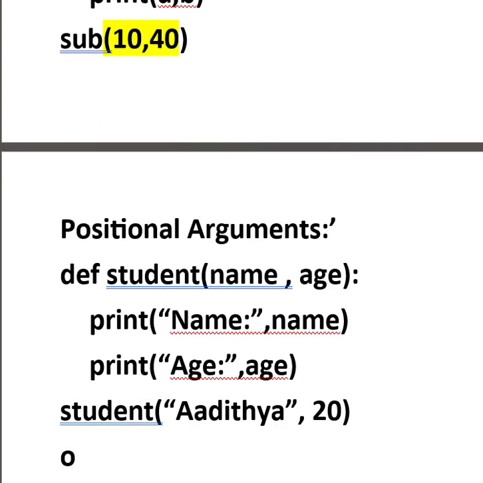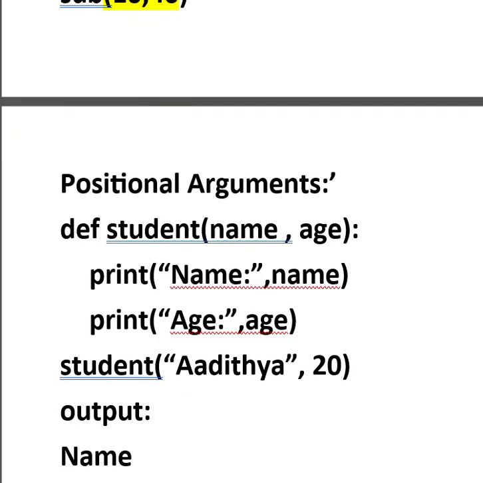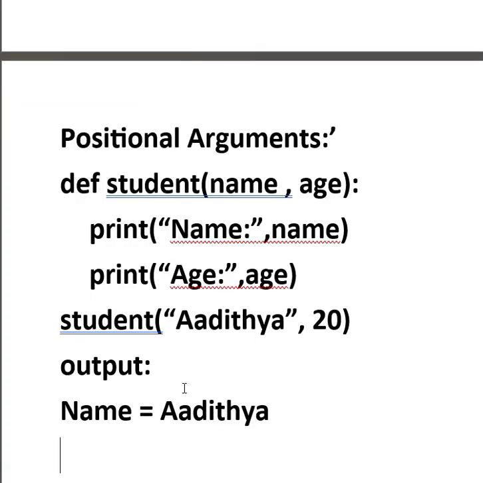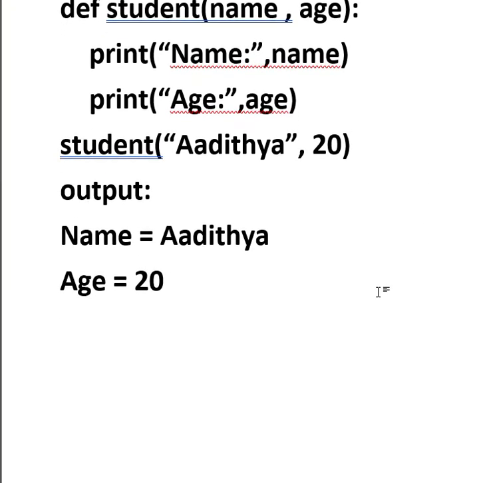What output will we be getting? Name is equal to Aditya and age is equal to 20. If we change the position, it automatically changes the meaning. I'm going to change this.